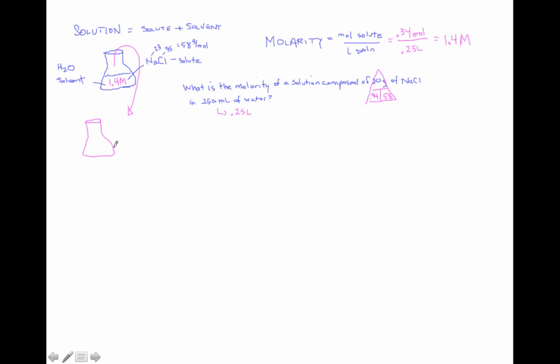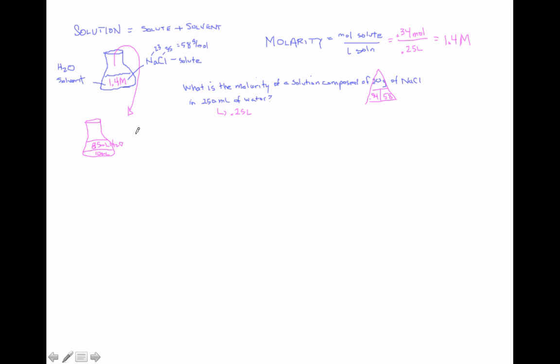And that's one of the things you need to approximate, is try to get a volume as best you can. All right, let's say I transfer 10 milliliters of salt water, and I'm going to add, let's say 90 milliliters. I don't want to use 90. That's too easy. 85 milliliters of water.